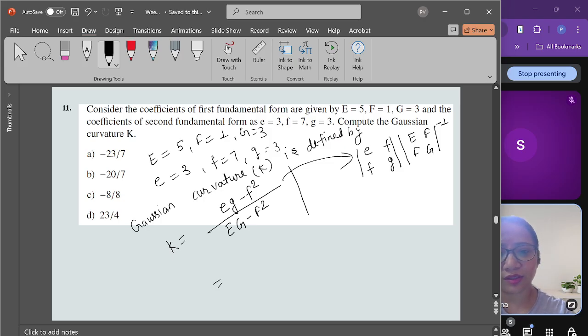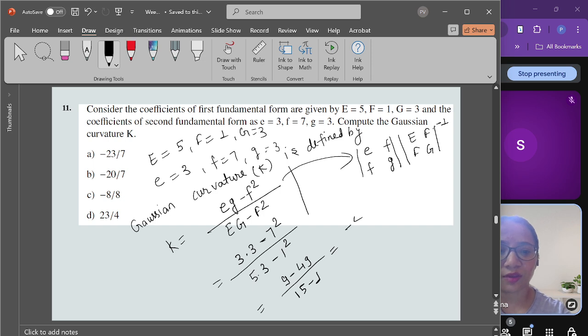So let's put in the values. Small e is 3, small g is also 3. So 3 into 3 minus f square, 7 square. In the denominator we have EG, that is 5 into 3, minus 1 square. So in the numerator you will get 9 minus 49, and in the denominator you will get 15 minus 1.